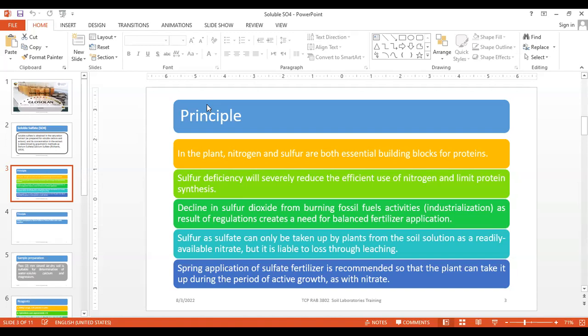Sulfur is taken by plants in the form of sulfate, and it is readily available. Like nitrate, since it is soluble in water, it is subject to high leaching, so it is liable to loss through leaching.